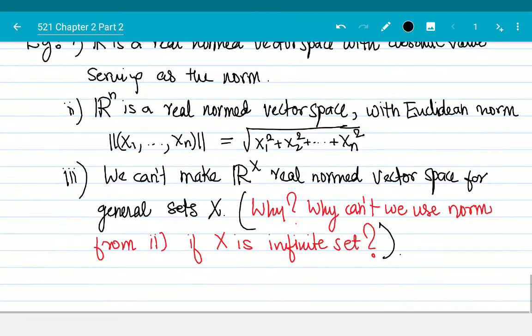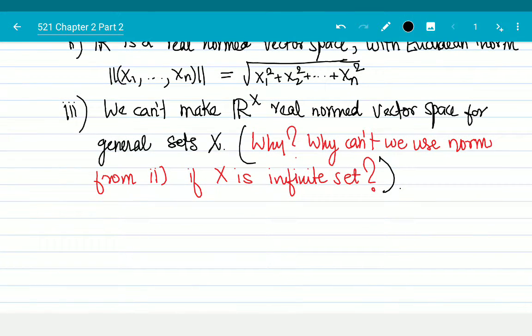I want you to think about it. It's not anything super hard, but think about what can go wrong when you're trying to use the norm that you have in the previous one. Okay? Take a vector which is maybe 1 in each coordinate and tell me what its norm would be. Okay? So think about it. That should give you the answer.